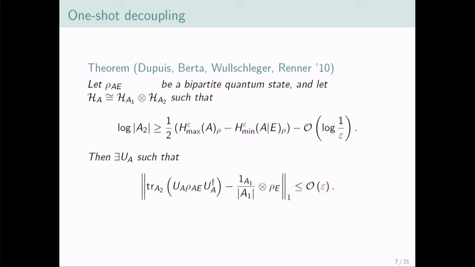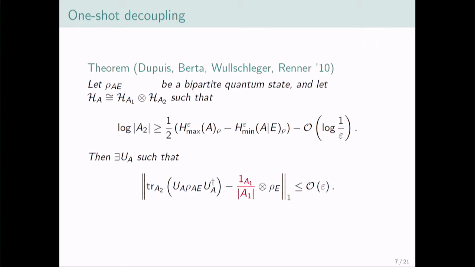So it reads like this: if we have a bipartite quantum state, then we want to decouple A from E, and we choose some decomposition of A into 2 parts, A1 and A2. Then if we choose A2 large enough, according to this lower bound that I will explain in a second, then there exists a unitary such that if we apply the unitary and take subsequently the partial trace over A2, then the system ends up in an approximate product state.